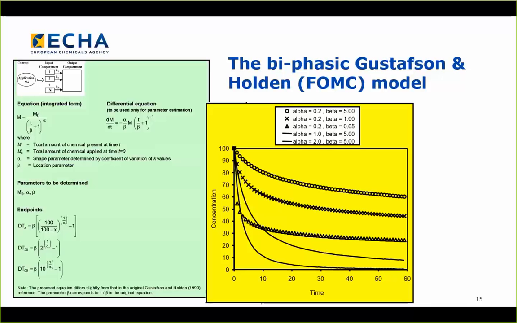Just to remind you that constant relationship between DT90 and DT50 is only true for your single first order model. That's not true for any of the other models that we'll look at.